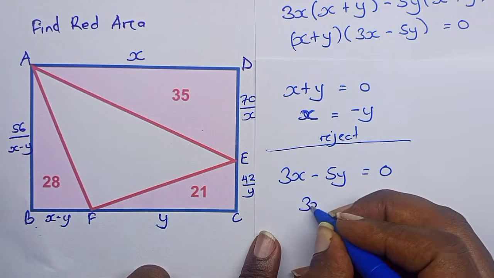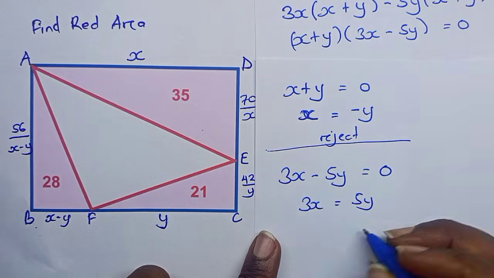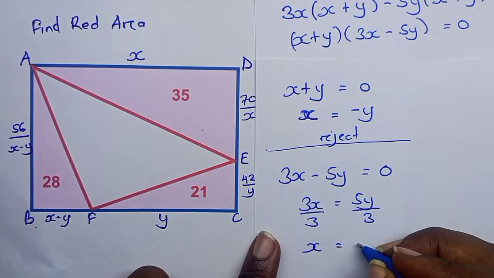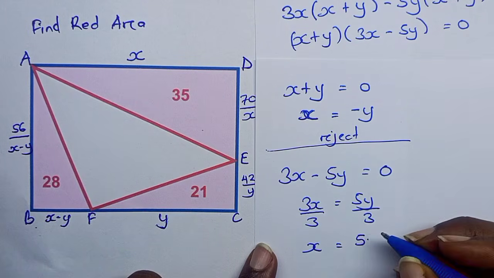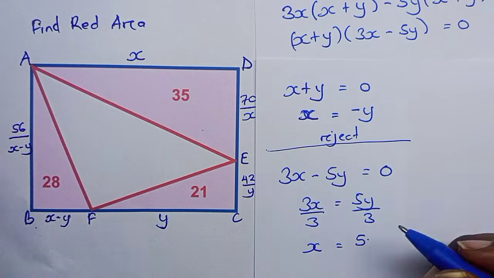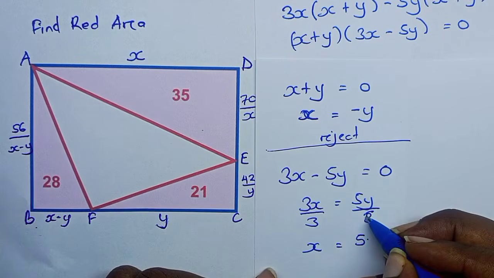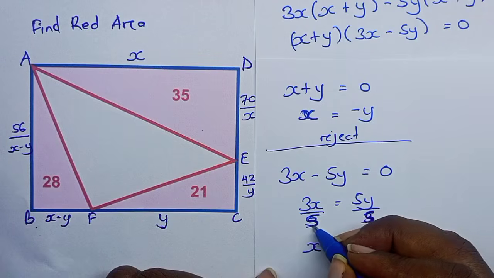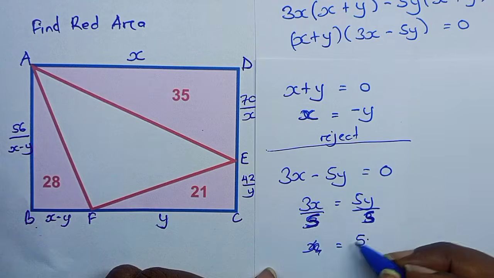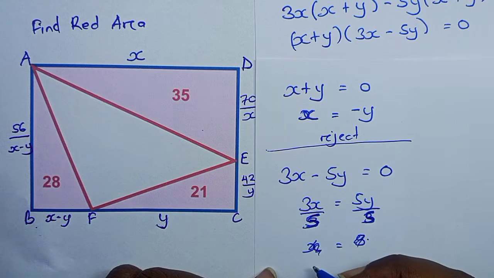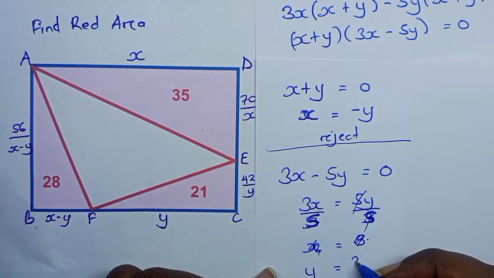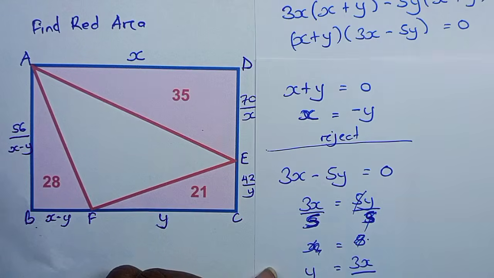So in this case, 3x will be equal to 5y, and we want to make y the subject, so we divide by 5 on both sides. So y is equal to 3x over 5.